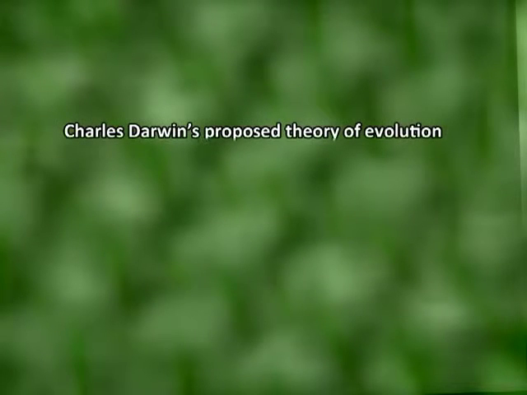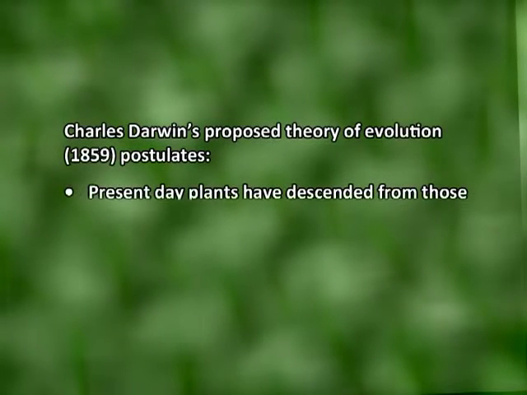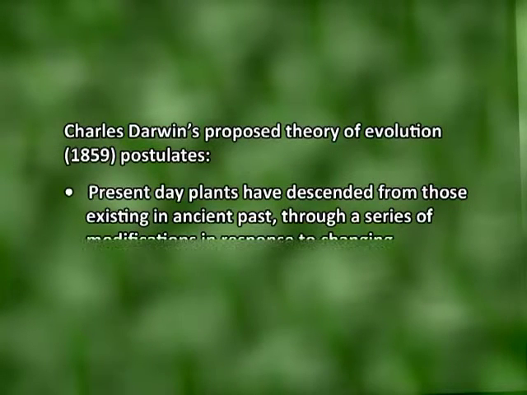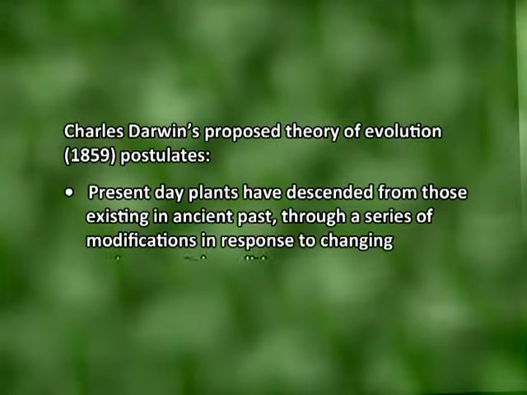Charles Darwin's theory of evolution, proposed in 1859, postulates that present-day plants have descended from those existing in the ancient past through a series of modifications in response to changing environmental conditions, which means that all present-day plants are related to each other in one way or another.